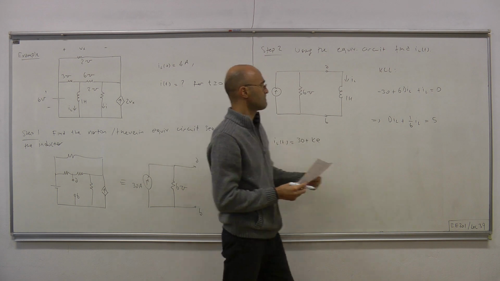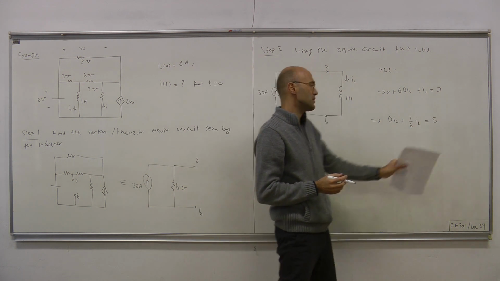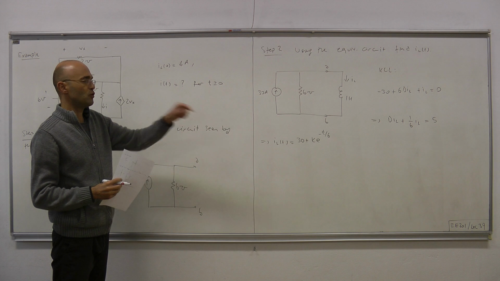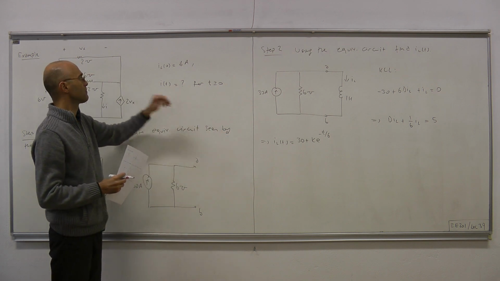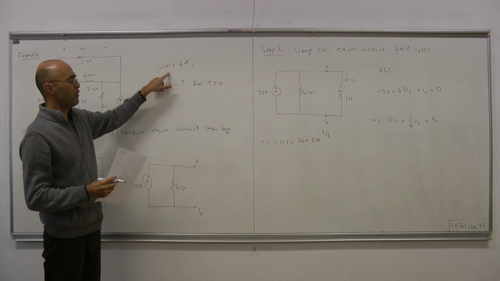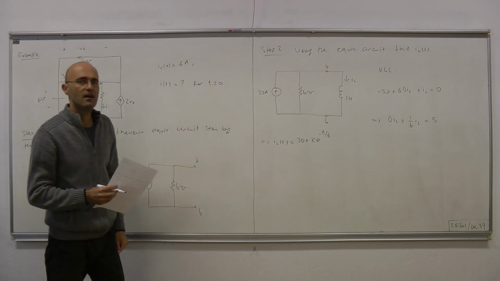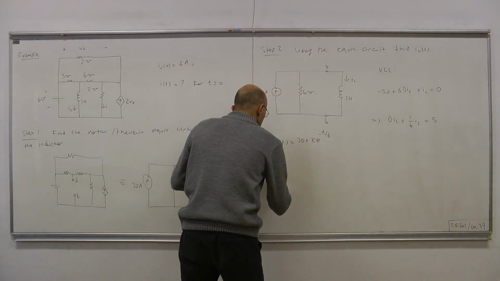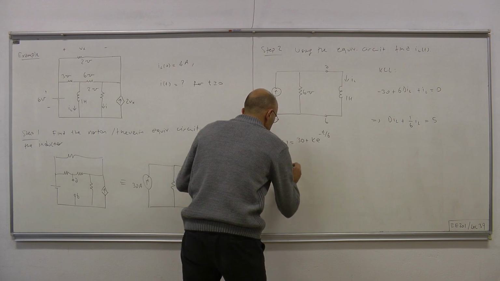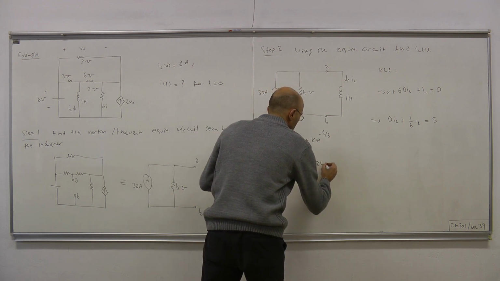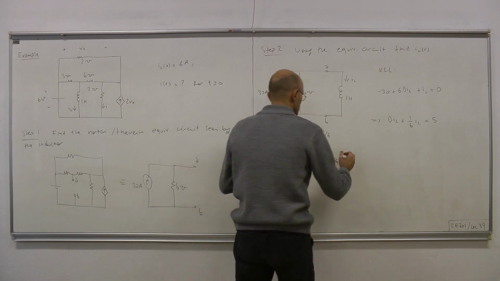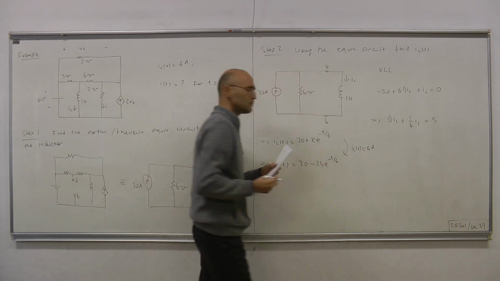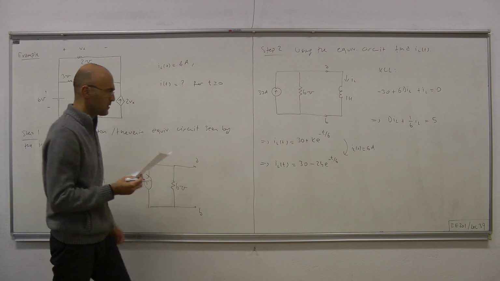The homogeneous solution has natural frequency minus 1/6, therefore k times e to the minus t over 6, and to determine that k, evaluate the function at t equals 0. 30 plus k equals 6, meaning k has to be minus 24. Therefore, IL(t) equals 30 minus 24 e to the minus t over 6, with IL(0) equals 6. So that's IL(t).